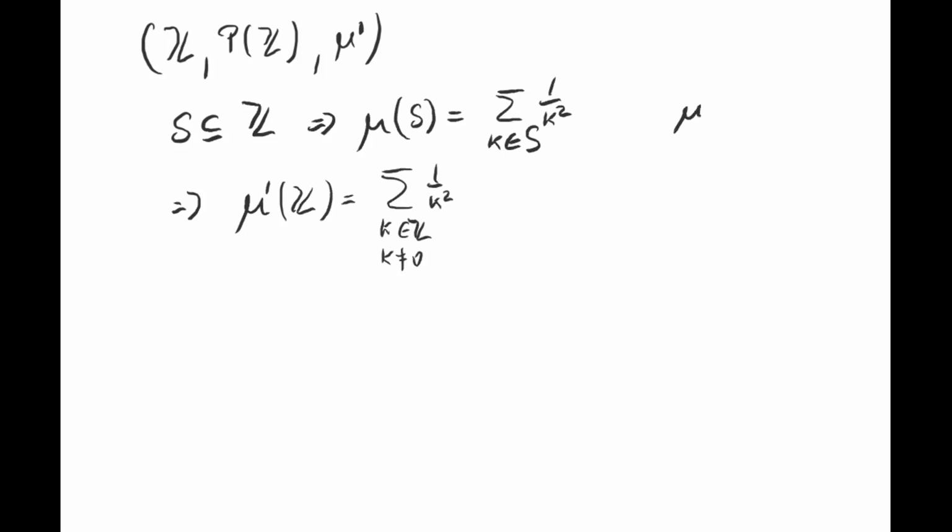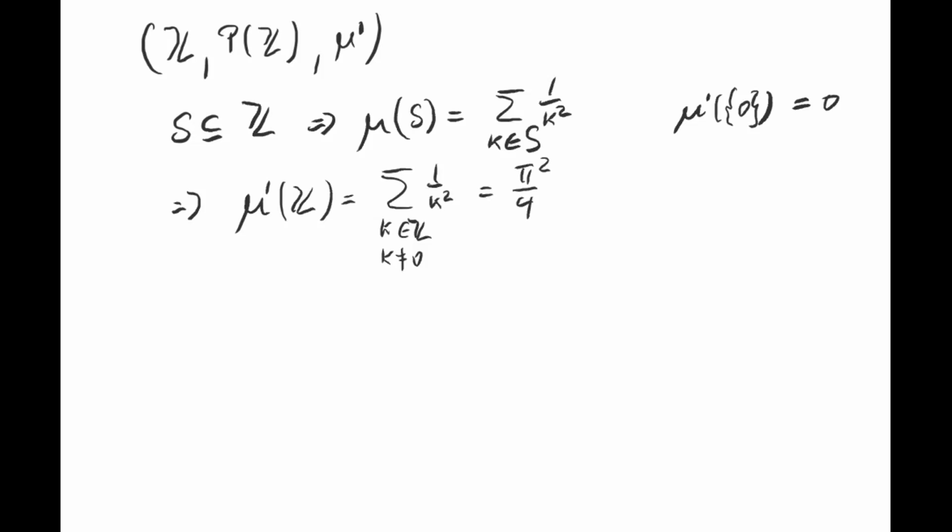So we have to make a special case for 0 here, and we give 0 just the measure 0. And this is just pi squared over 3, which we can compute, which would make the measure of the entire space finite.